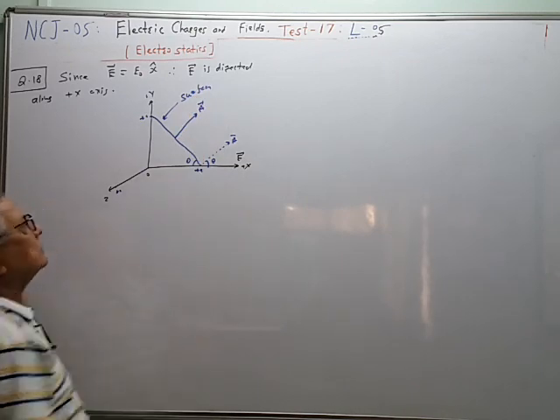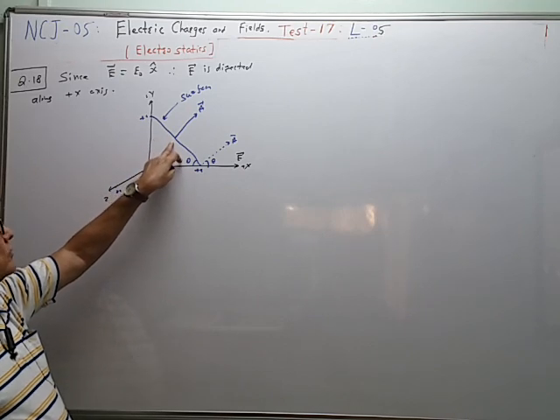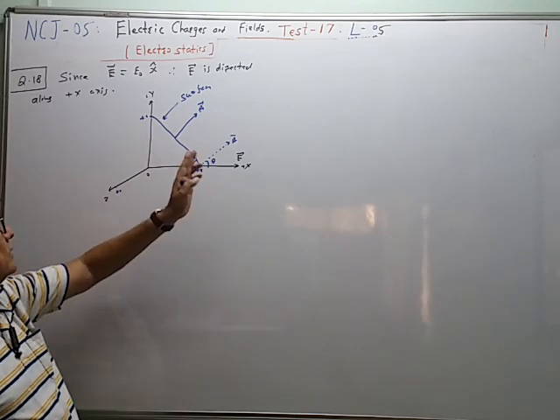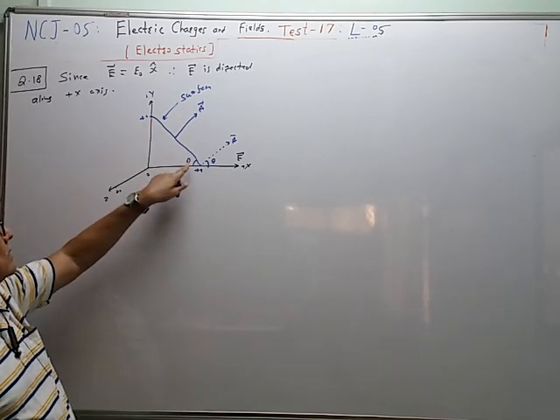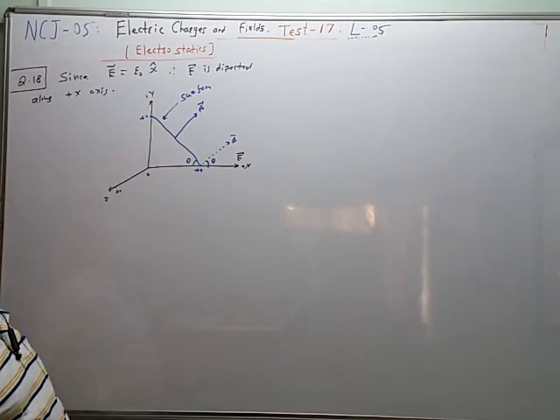So we want to find the electric flux through this surface. The surface is inclined with the x-axis making an angle 45 degrees. This is also 45 degrees. This is also 45 degrees.